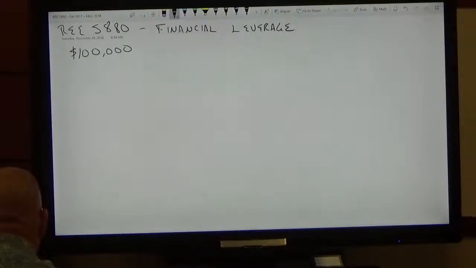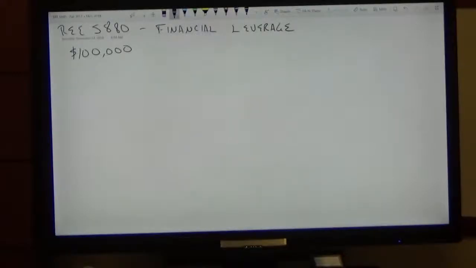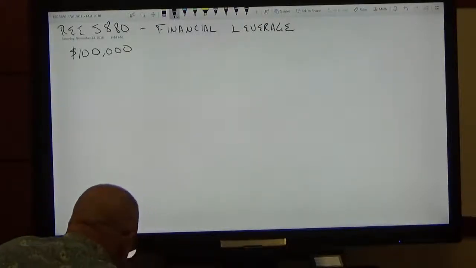Now, let's go through a really simple example of a project that would be considered unleveraged. First of all, when we talk about the term unleveraged, all that means is you're using all equity. You're not borrowing anything, so there's no debt.